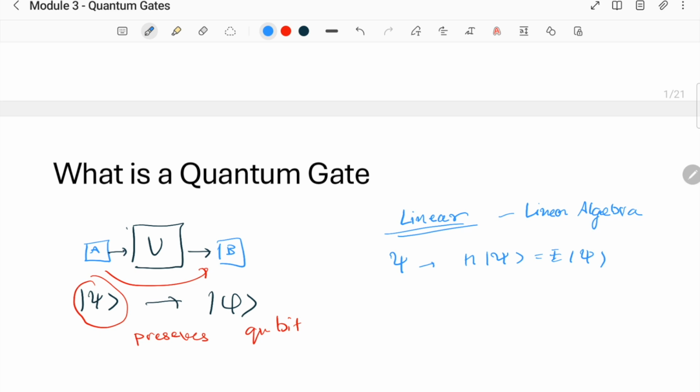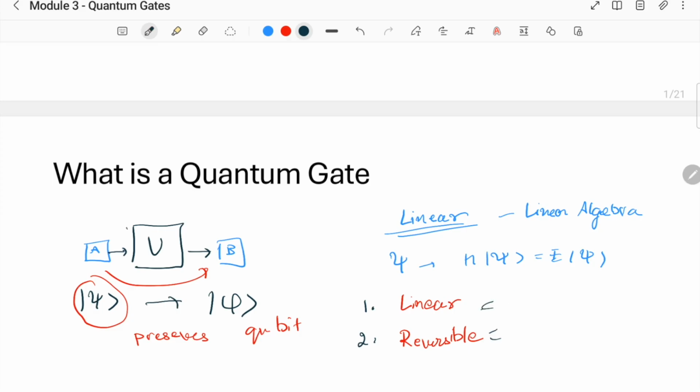So the quantum gate which operates between these two states must also be linear. So that's our first property of a quantum gate, that it must be linear. And the second property is that the quantum gate must be reversible. We'll discuss what each of these properties means and what they imply.